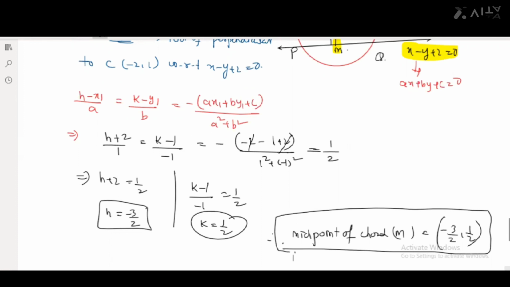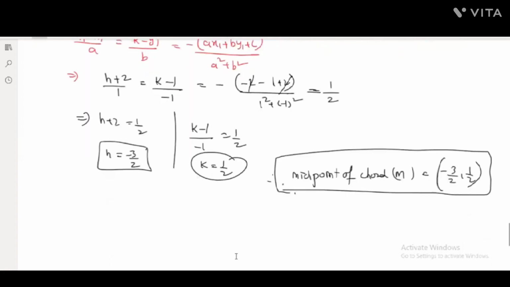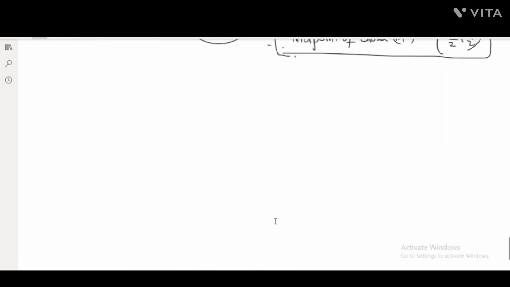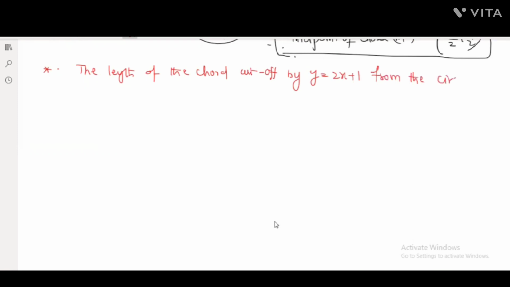So let's try one more example. There is a direct formula for the length cut off by the circle. So the question is: find the length of the chord cut off by y is equal to 2x plus 1 from the circle x square plus y square is equal to 2.